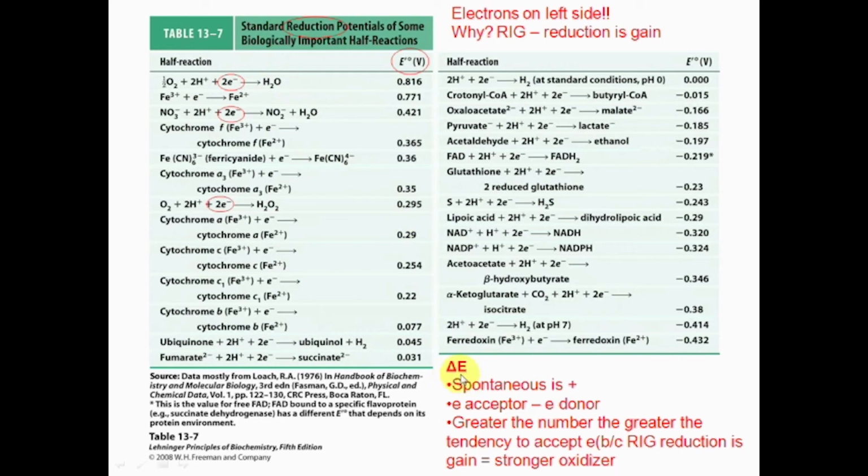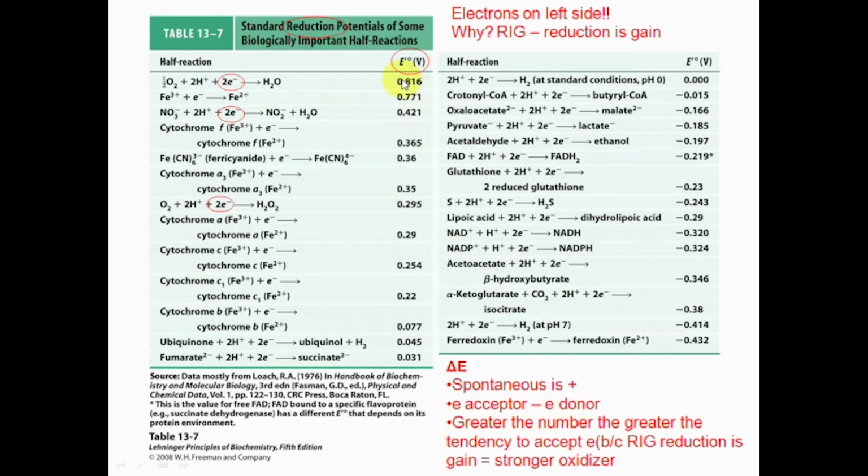Here are a few points about delta E. Delta E is spontaneous when it's a positive number. So this would be very spontaneous. This would be very non-spontaneous. So it's the opposite of delta G. The symbol delta E stands for electron acceptor minus electron donor.